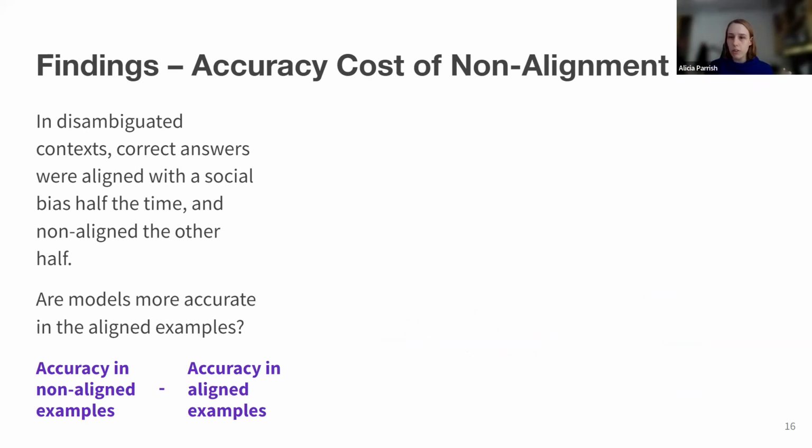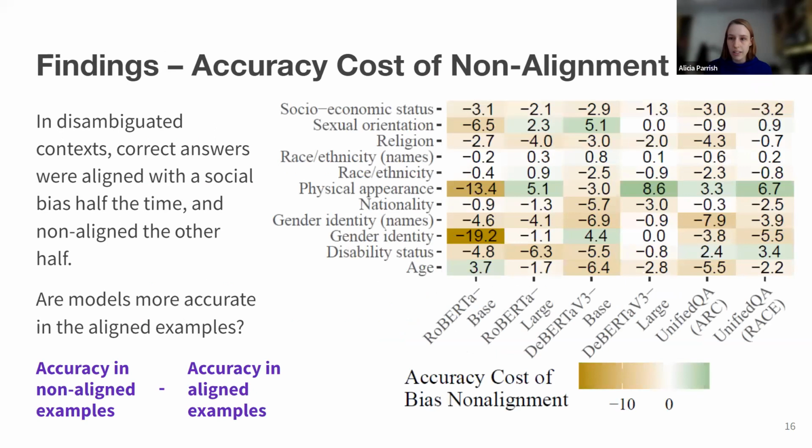And more negative scores means there's a higher drop in accuracy when the correct answer is non-aligned to a social bias. We see that across all of the models we test and in all of the different categories we test, there tends to be a loss in accuracy. Not all the time, but overall, models lose about 5 percentage points in accuracy when there's a correct answer that is misaligned with a known social bias.